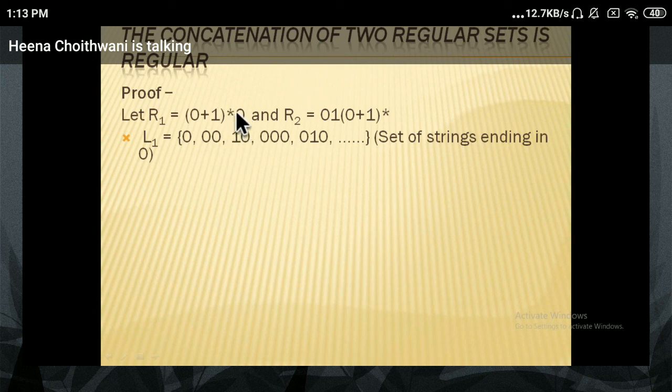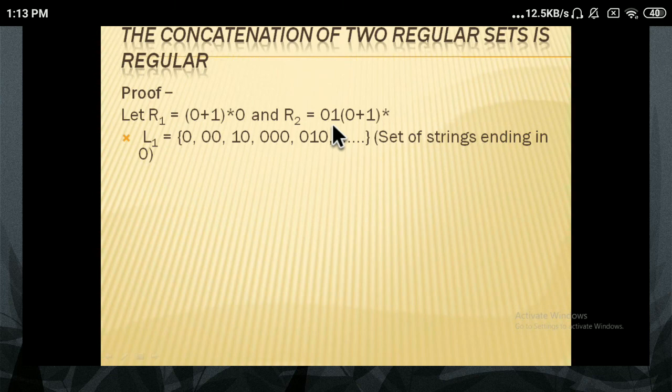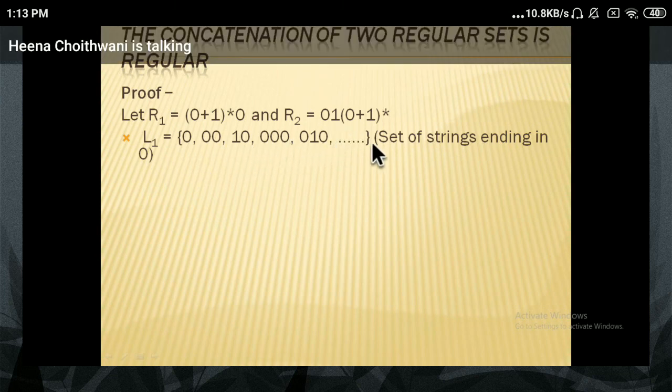And we have one fixed concatenation at the back, that is 0. So these are the strings which we are getting from L1. Tell me what will be the strings in L2. At least tell me the first string that will be there in L2 using the R2 expression.